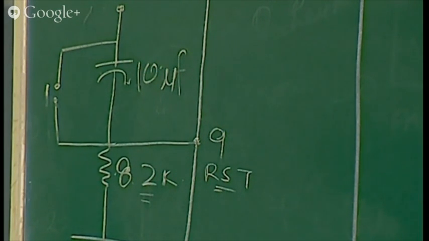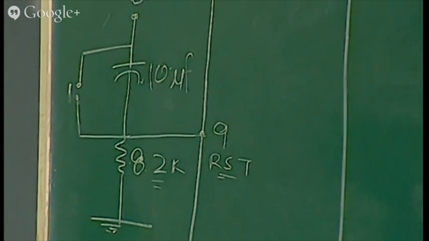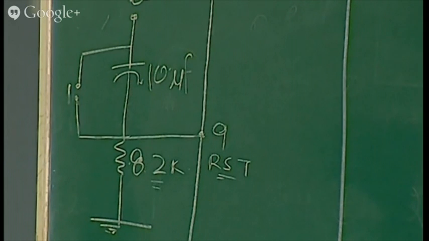And do you see something else in this? One more thing I have connected. Can you see this circuit, participants? Yes, ma'am. So see, basically we have 3 connections.